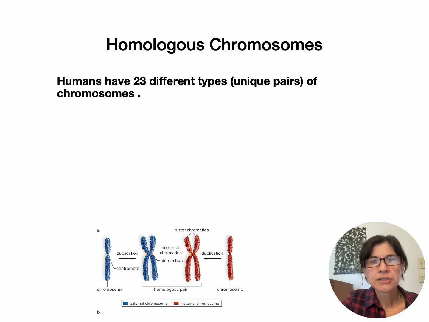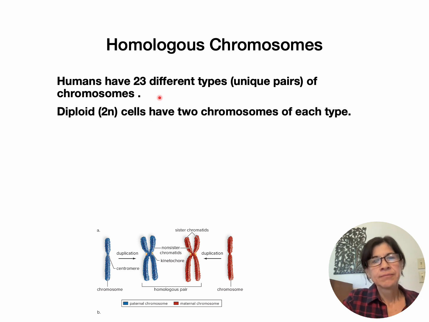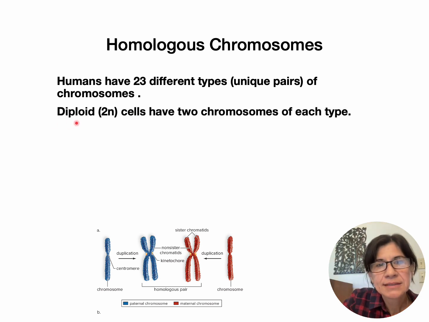All right, so just to summarize and add a few more details, humans have 23 different types or unique pairs of chromosomes in their body cells. We refer to body cells as being diploid, 2N, because there are 2 chromosomes of every type.